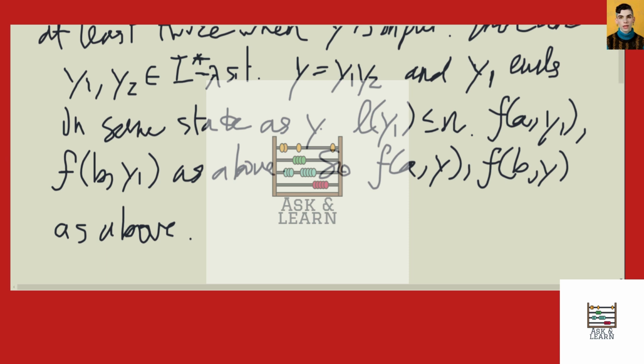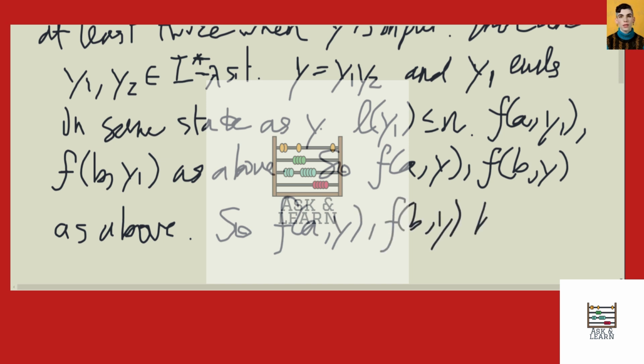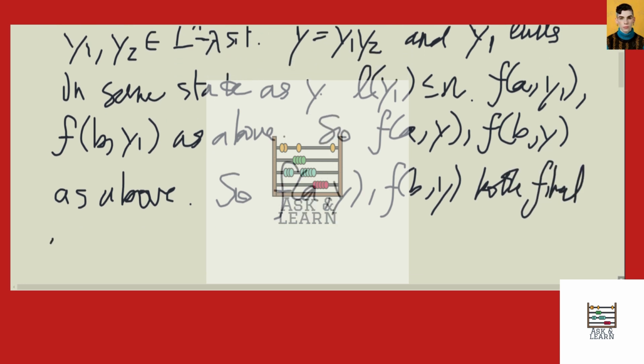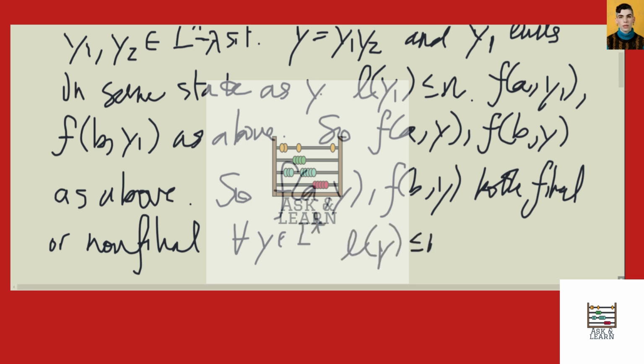And so we've shown this in both cases for y, so it's true for y in general, where the length of y is less than or equal to n plus 1. So I'll write this out. f of ay and f of by are both final or non-final for all strings y such that the length of y is less than or equal to n plus 1.